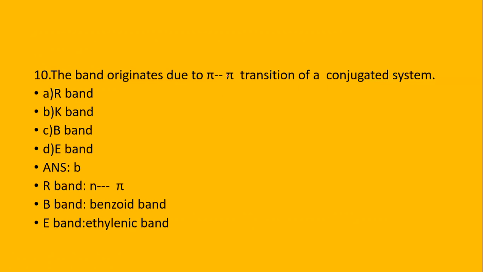Next, the R band: n to pi transition is the R band, B band is the benzoid band, E band is the ethylenic band. So the band due to pi to pi transition of a conjugated system is the K band.